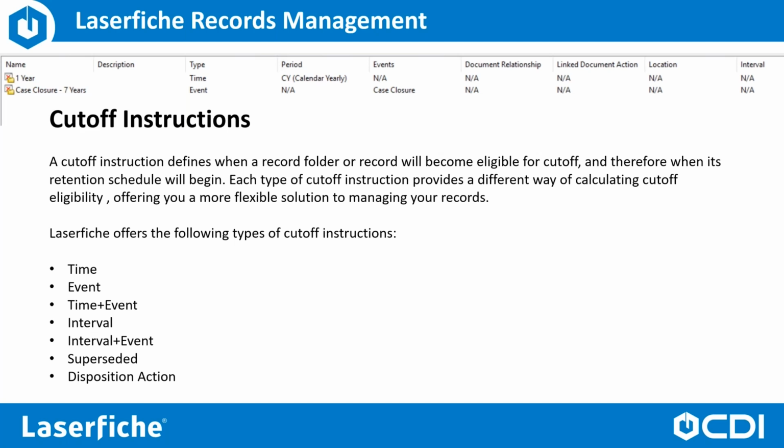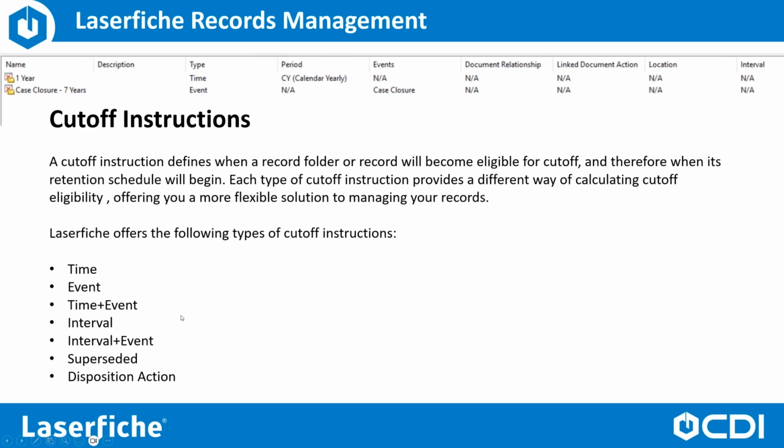The event may be, oh, well, I only have to maintain this until something happens. And then intervals are very similar to date or to time, but they are maintained for X amount of months based on different things within your system.